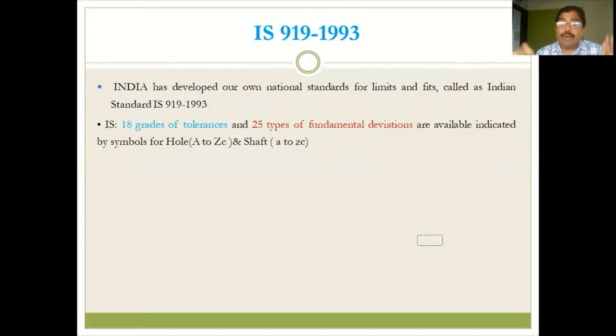When we talk about the 25 types of fundamental deviations, it means I can design 25 types of holes as well as shafts, both.